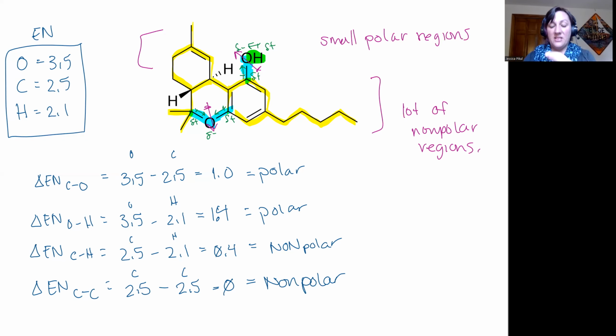And we're going to find that with these small polar regions, it actually is going to react more like a nonpolar molecule. And so we can create some boundaries for that when we look at our solubility later. So here I would say polarity is very small.